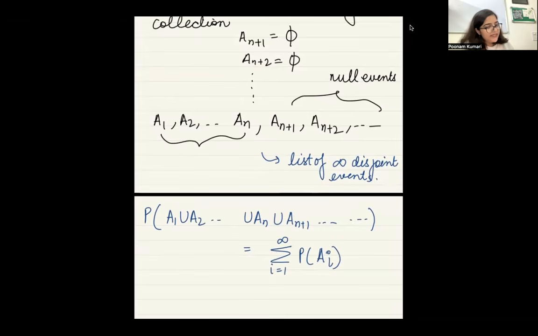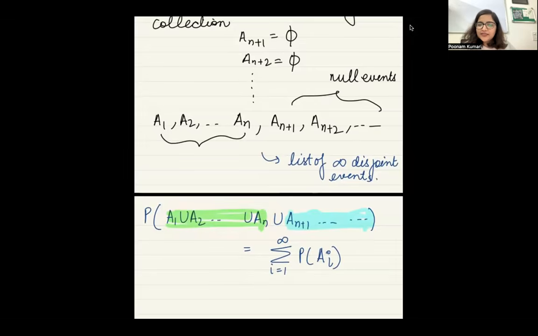These were your initial events, and all the events after them are null events. So if you take a union, which is a union till here only, and keep taking union with null events, nothing is going to get added.